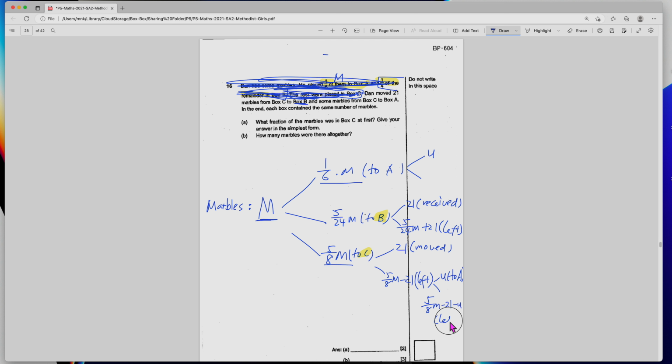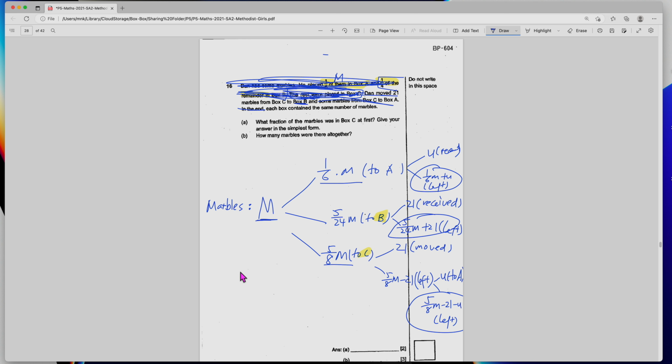So this is left, right? And this one will receive. So therefore this is 1 over 6M plus U. This is left. Okay, good. So what it says now, okay, done. All the statements are done. Each box contains the same number. That means all this is the same. Right? So simple.